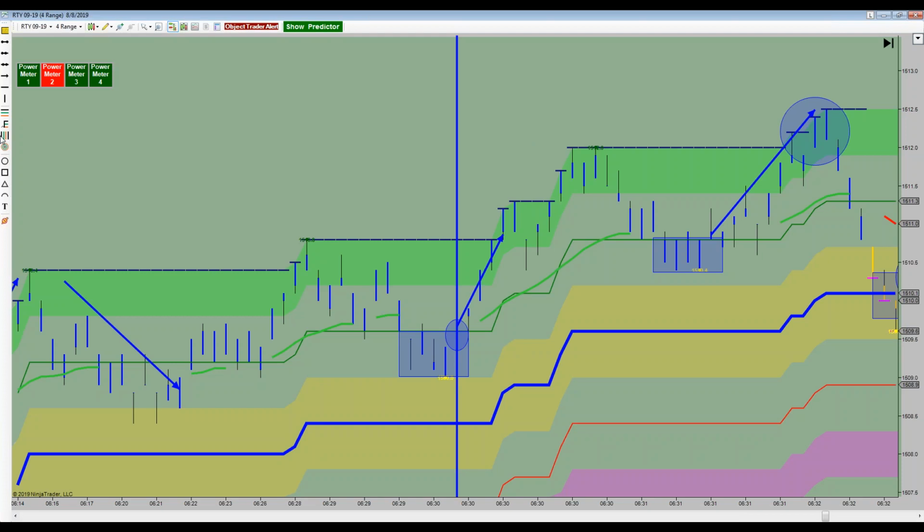Here, let's look at a couple. Let me circle a couple of them so you're clear what I'm talking about. What's the difference between these bars right here and these bars over here? How are they the same?